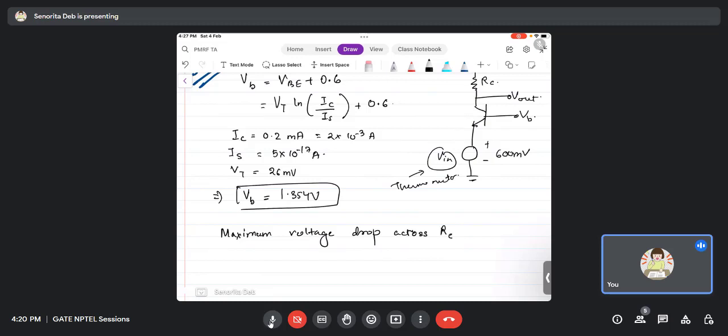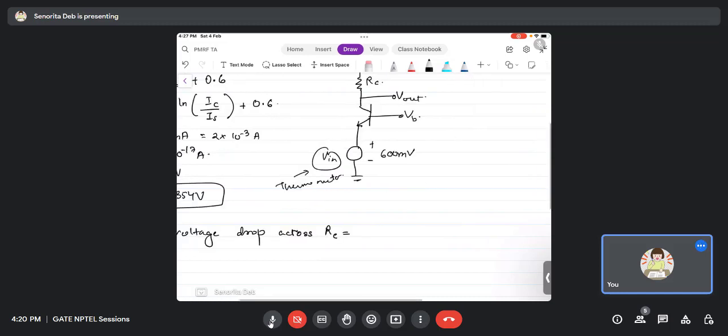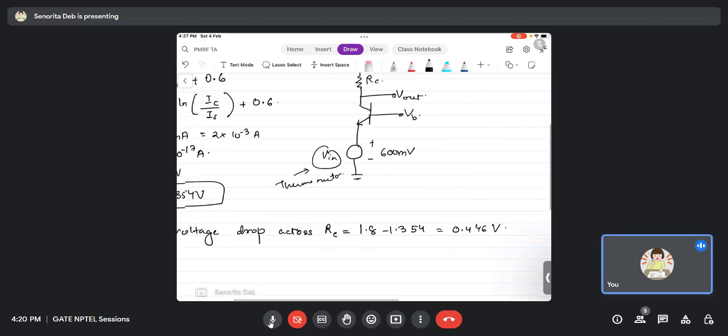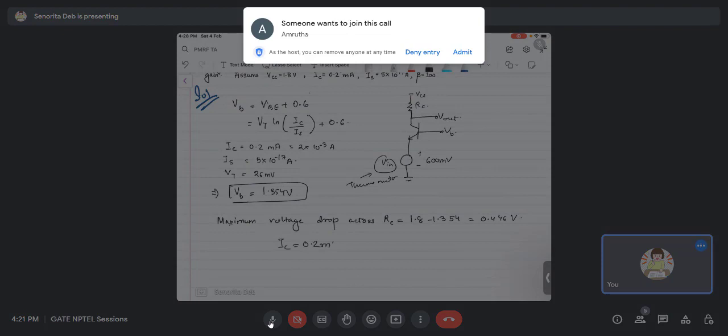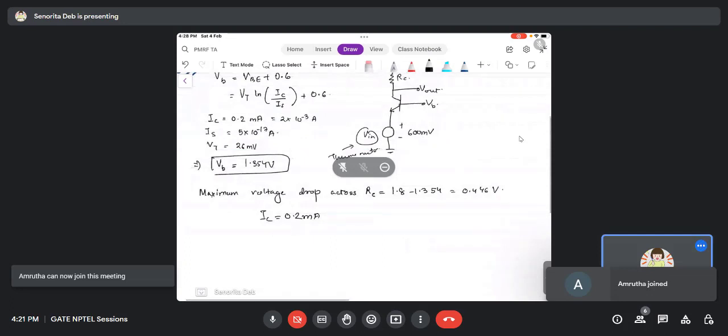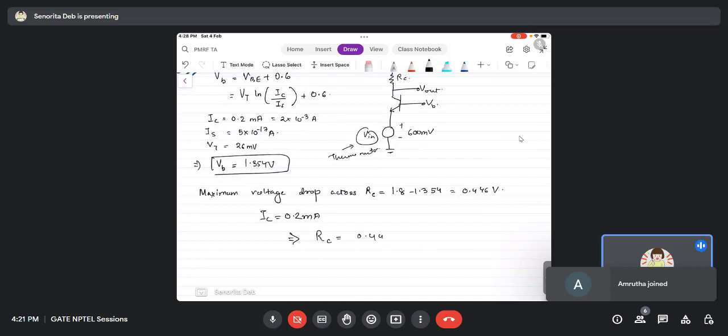Maximum voltage drop across RC will be VCC minus VB, as I explained just before. So 1.8 minus 1.354, which is 0.446 volts, right? So now you have the drop across RC, you know IC, which is 0.2 milliampere, and therefore from here you have RC, which is 0.446 by 0.2, giving you 2.23 kilo.